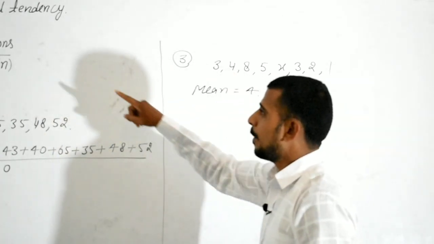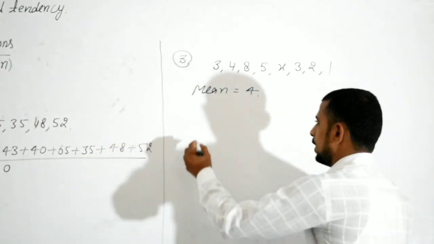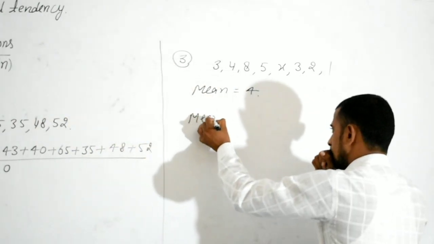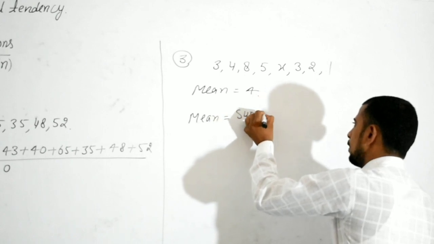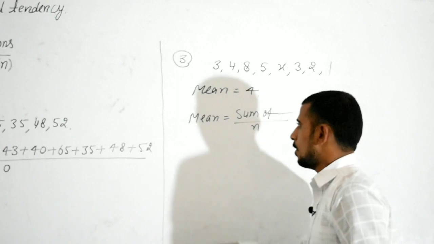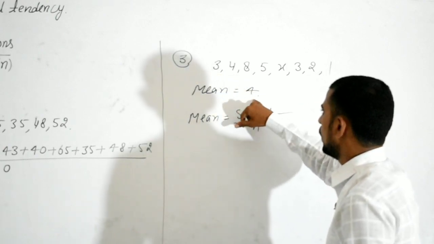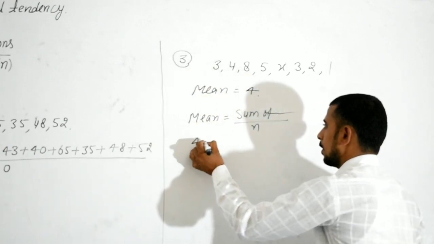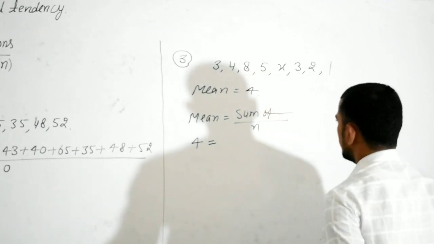You also know the formula of mean. Mean is equal to the sum of observations upon the total number of observations. In this question the value of mean is given, 4, equal to the sum of all observations.